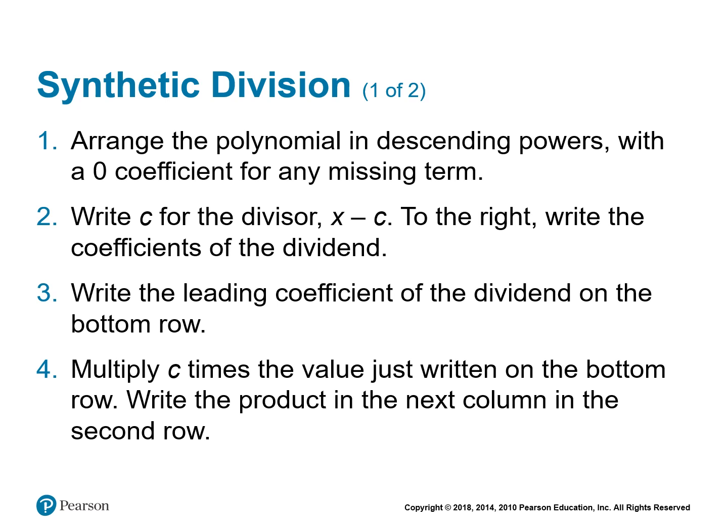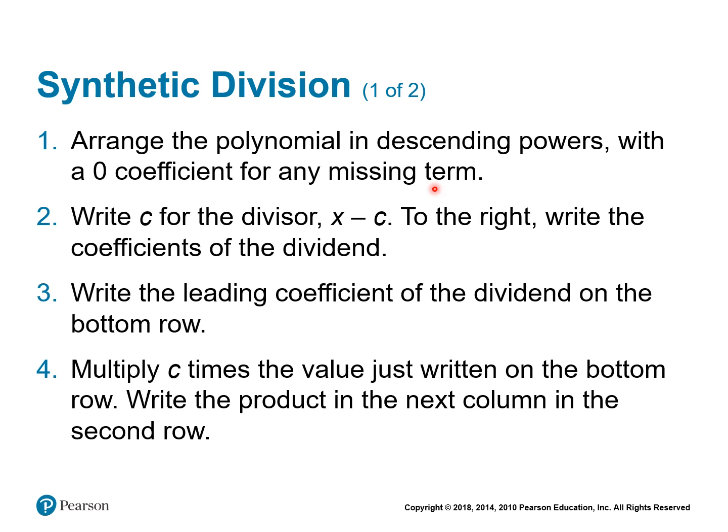Let's see what they have here on this slide about the process of performing a synthetic division. The first step says arrange the polynomial in descending powers with a zero coefficient for any missing term. So the first step, whether it's the dividend or the divisor, we have to make sure that they are arranged in proper polynomial order.